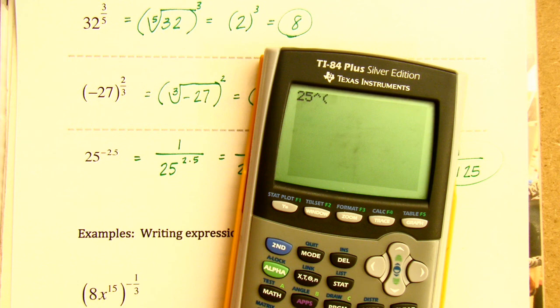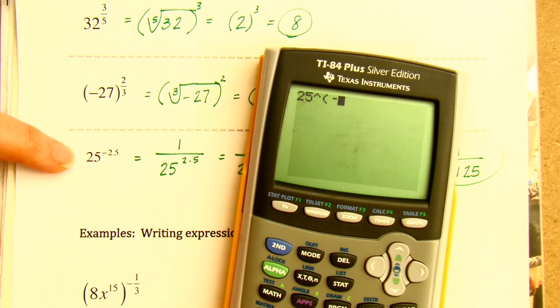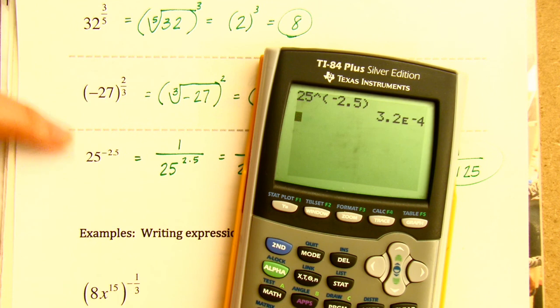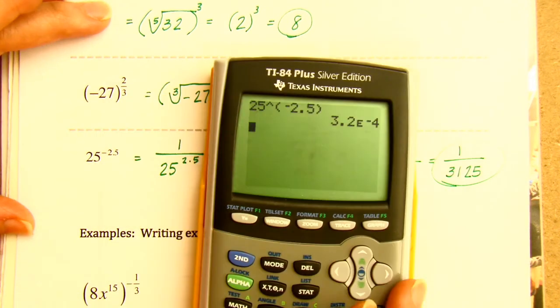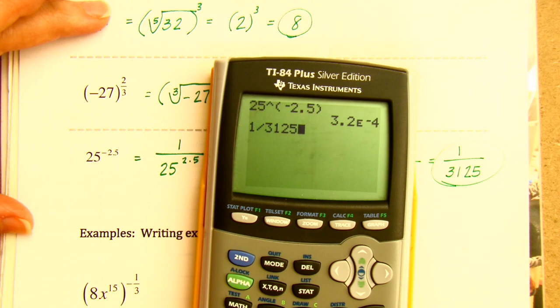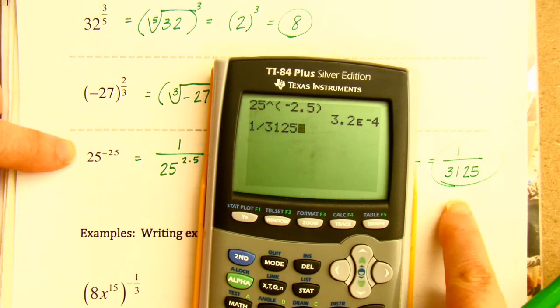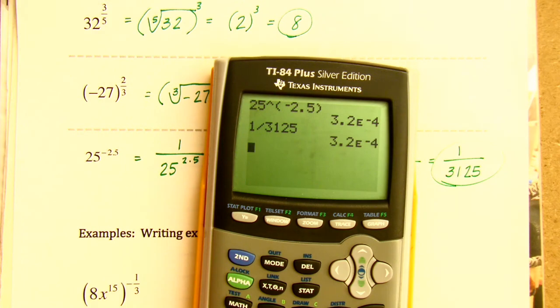I'm going to put this in parentheses, negative 2.5. And I get this 3.2 e to the negative 4. That's really times 10 to the negative 4 power. Now I'm going to type in 1 over 3,125. And if these two numbers are equivalent, then this should equal the same thing. And it does.